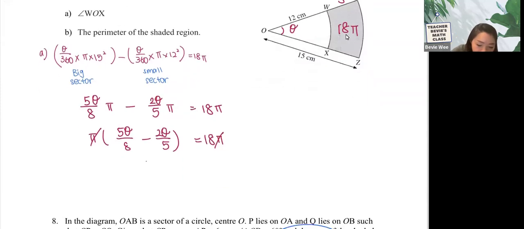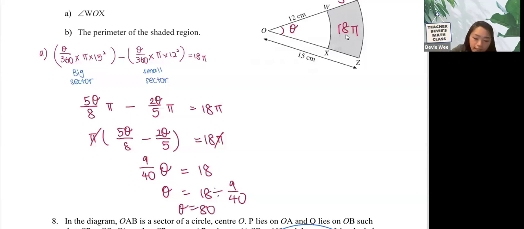I get 9 over 40 theta equals 18. Theta equals 18 divided by 9 over 40. I get theta equals 80. That's it. It's a nice number, so no decimal place. Very good. 80 degrees. Confidence boost, right?